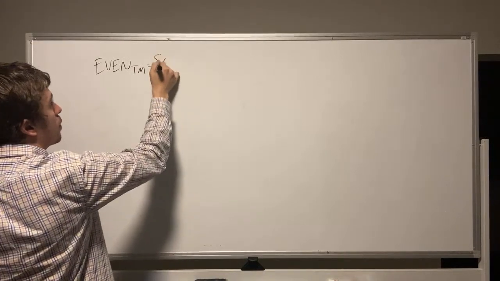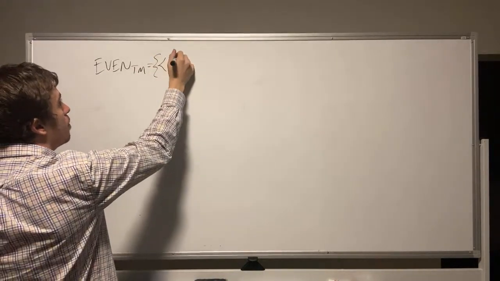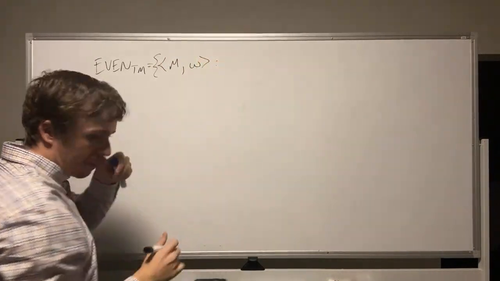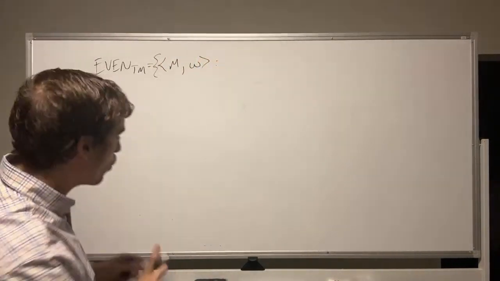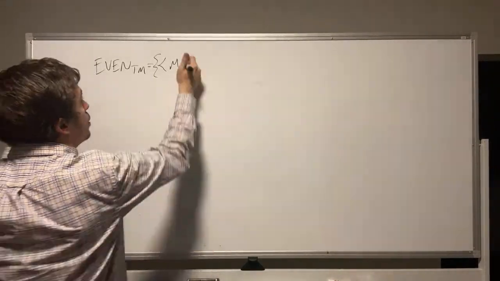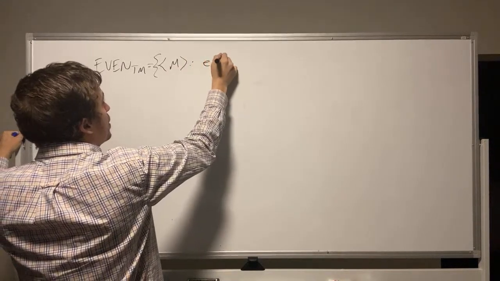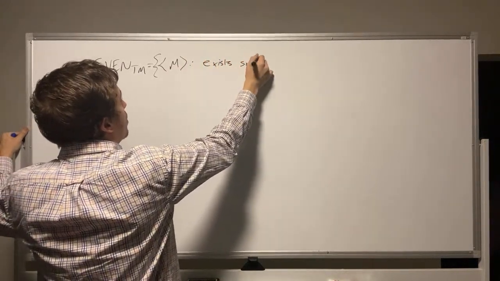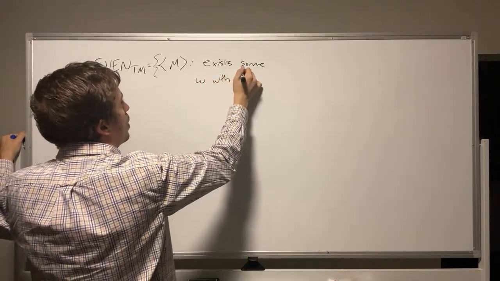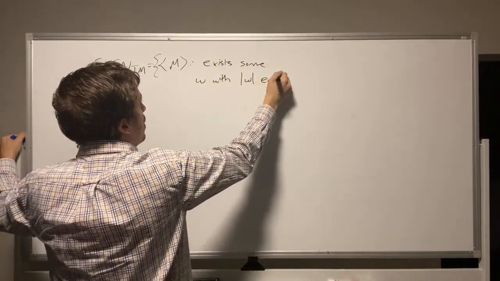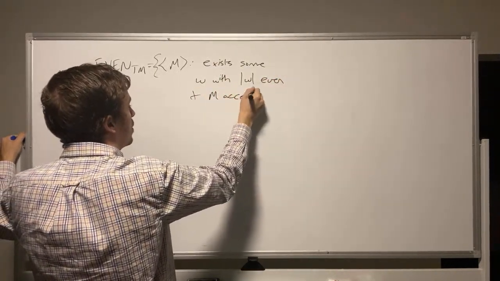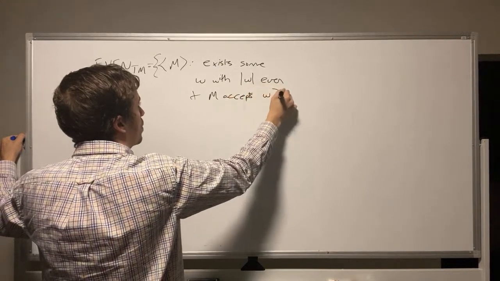So this will be the description of some Turing machine and input W, such that, or is there, oh, you're not given W, okay. So there exists some W with length of W even, and M accepts W.